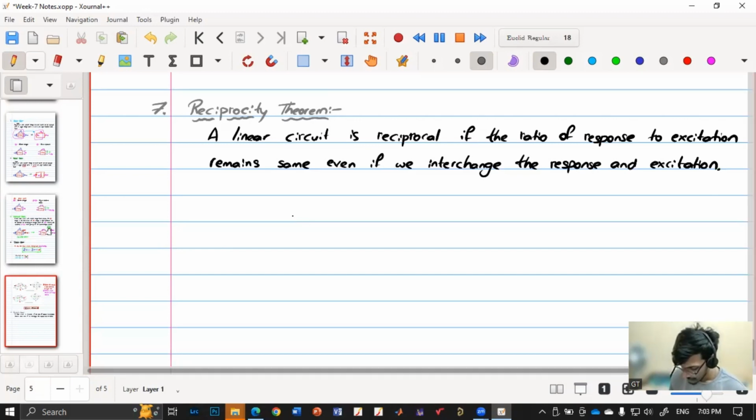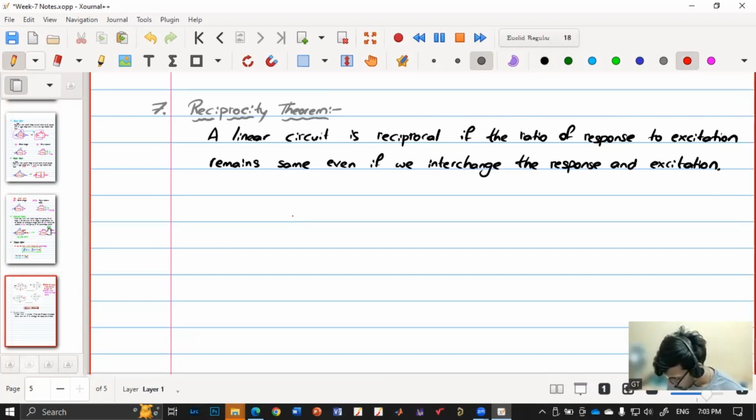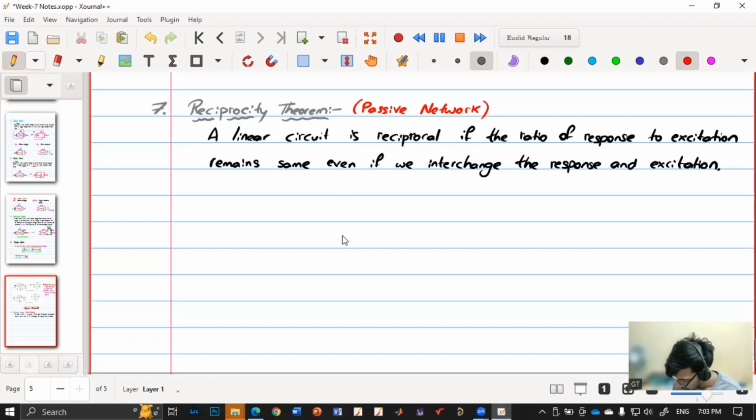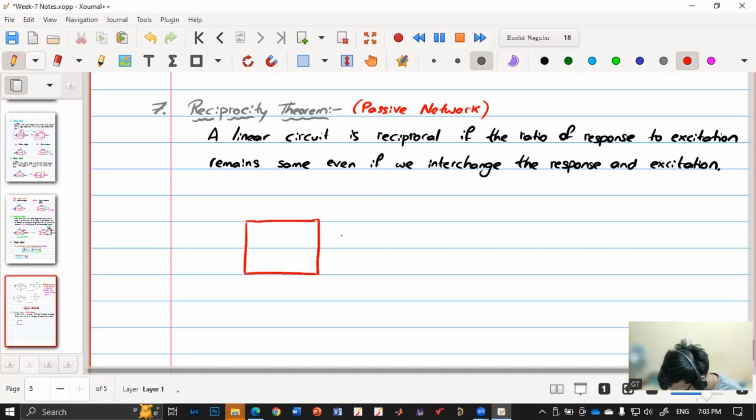It may be somewhat confusing, but let us quickly consider a circuit. When I say reciprocal, this is only applicable for a passive network. Keep that in mind. Passive network means only resistors; there are no active elements. So we'll consider one network, basically a two-port linear network.